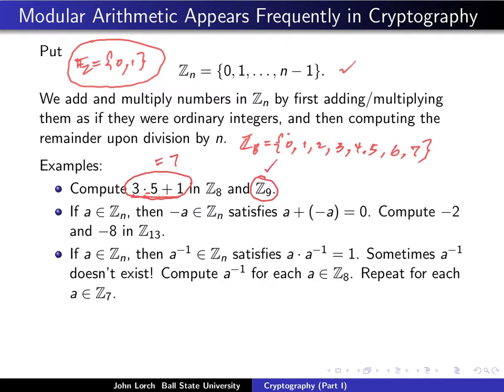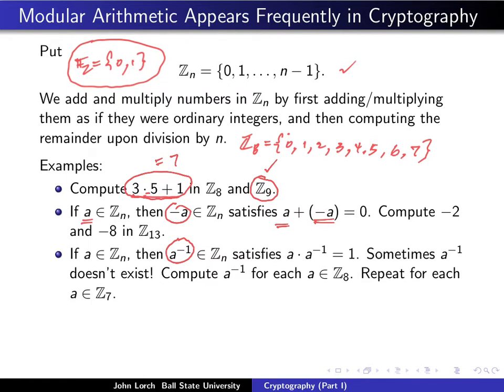All right, now there are various inverses, additive inverses and multiplicative inverses, that we need to discuss inside of Zn. First, for additive inverses, if we start with an element a in Zn, then minus a is the element of Zn where if you take a and add it to minus a, you get 0.